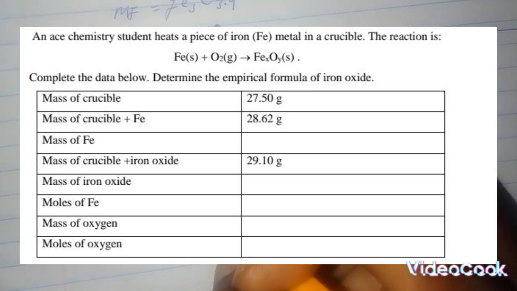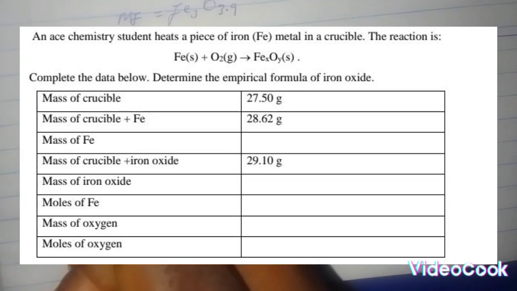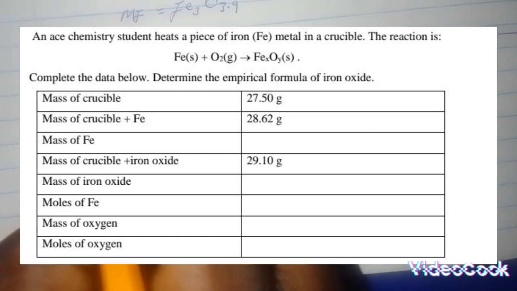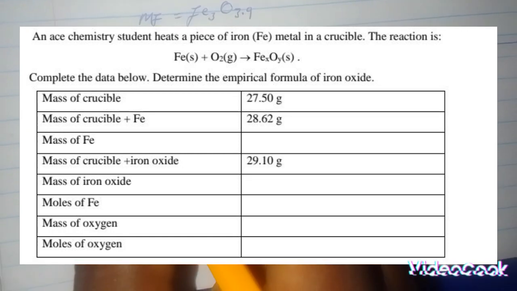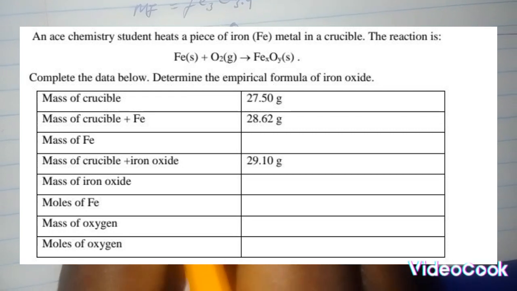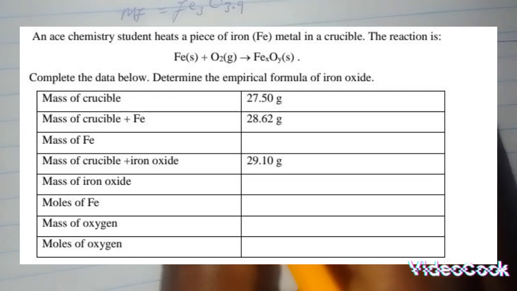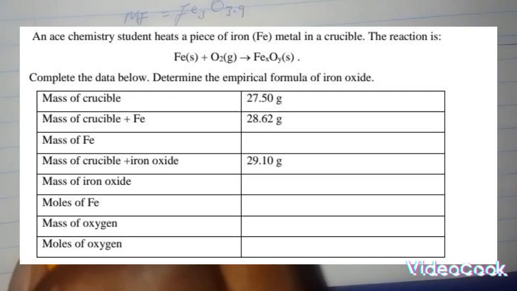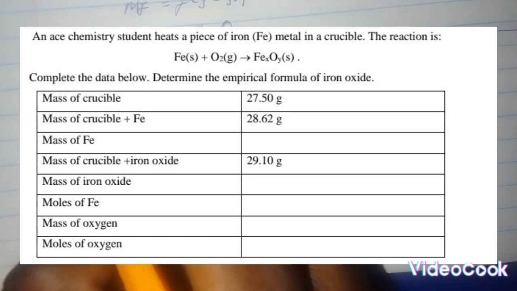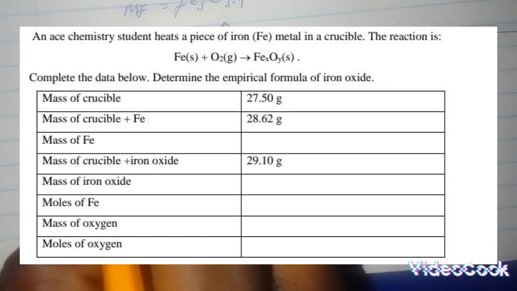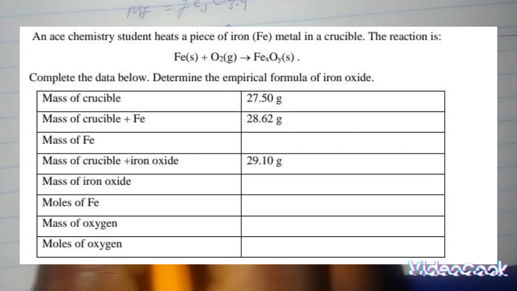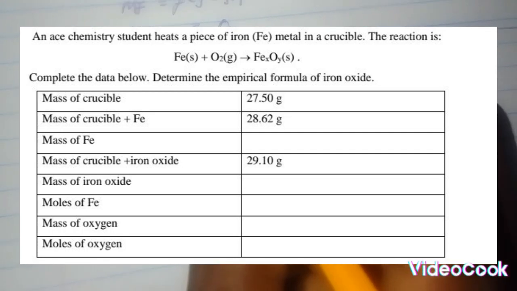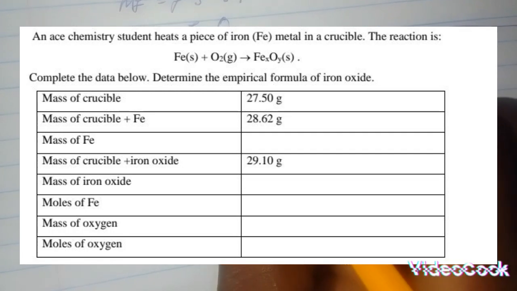Then I'll do this. The first one has the mass of the crucible, which is 27.5 grams. Then the mass of crucible plus iron, which is 28.62 grams.